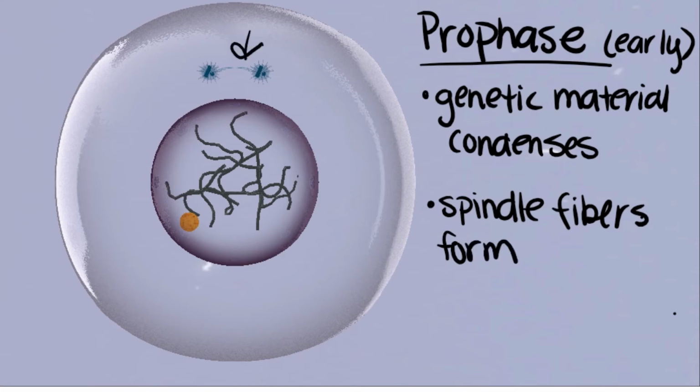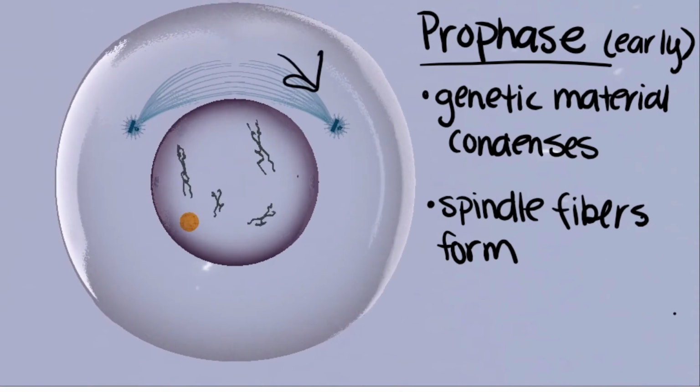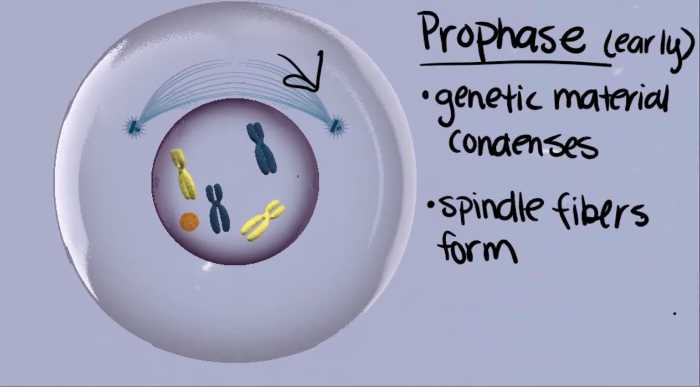Here are the spindle fibers, and here's the DNA. The DNA is going to split until it forms the chromosomes, and the spindle fibers are going to come out this way. As you can see, the centrioles form the spindle fibers and bring them out, and you can see the chromosomes form.